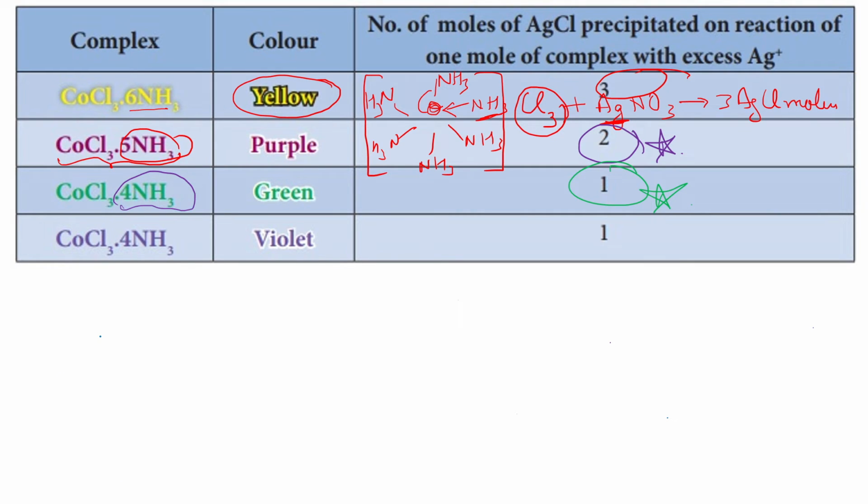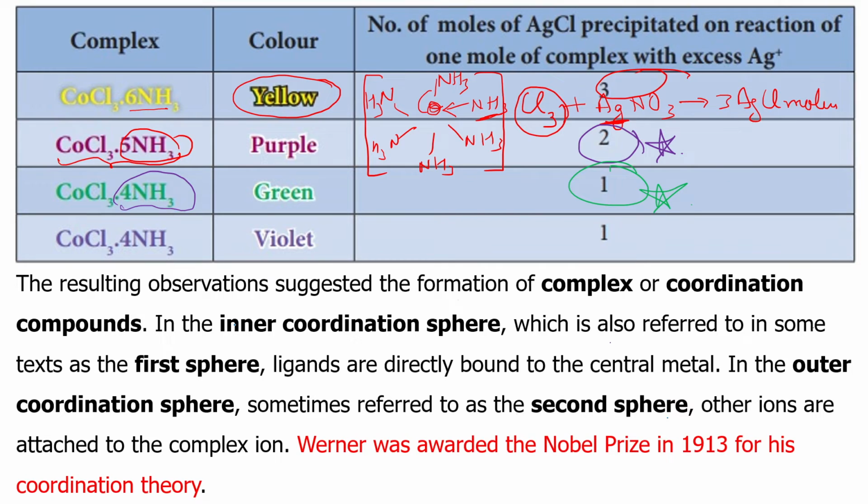Okay. So, the resulting observation suggests that in the coordination compounds, the inner coordination sphere, which is also referred to in some texts as the first sphere, has ligands directly bound to the central metal ion. These ammonia molecules are directly bound to the central metal ion. And the outer coordination sphere is considered as the counter ion, so this chloride is considered as the outer coordination sphere.